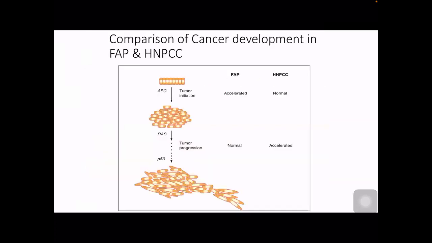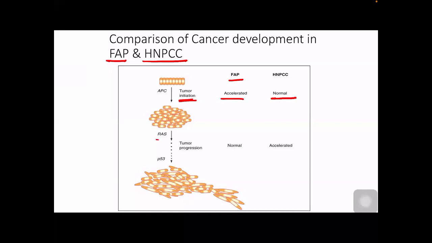The same thing which I've explained, the difference between the progression of the adenoma-carcinoma sequence between the two most common hereditary colorectal cancer syndromes, FAP and HNPCC. As I said before, in FAP the tumor initiation is accelerated, whereas in HNPCC the tumor initiation is normal. Once the tumor is initiated, a proto-oncogene mutation happens, and finally the tumor progression happens.